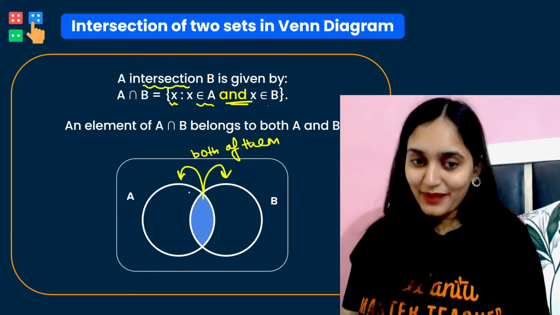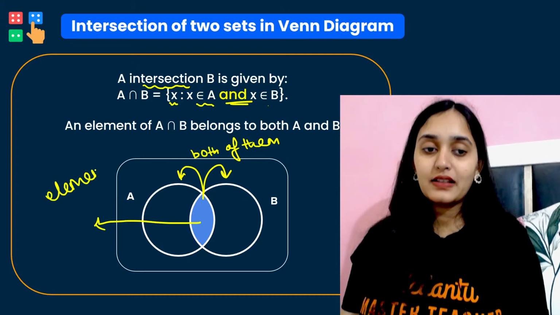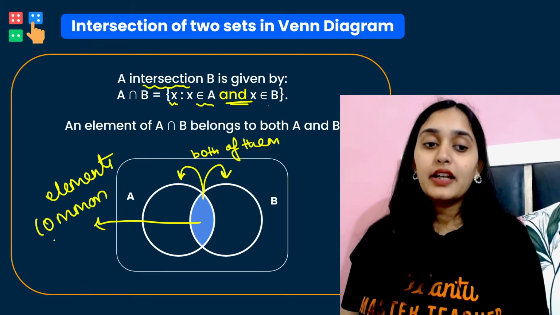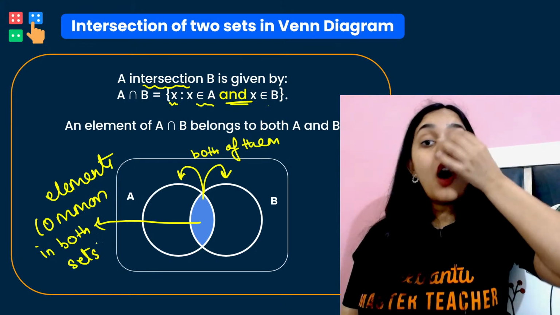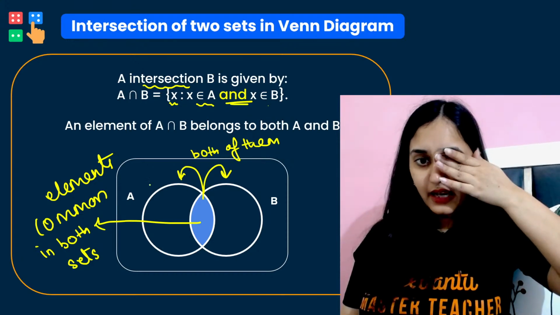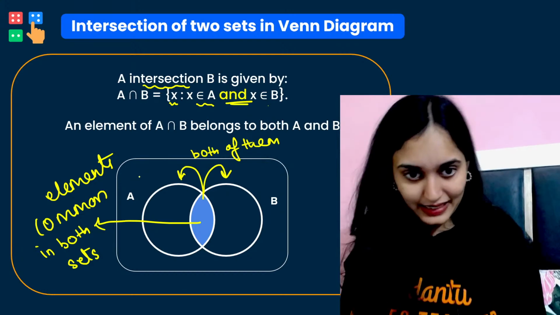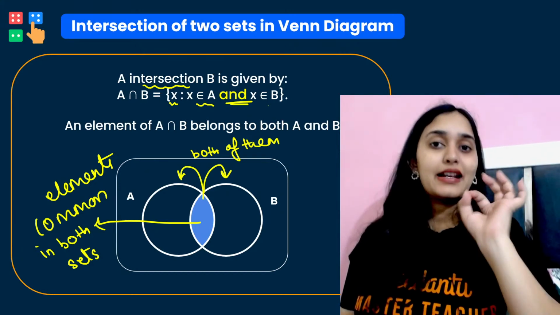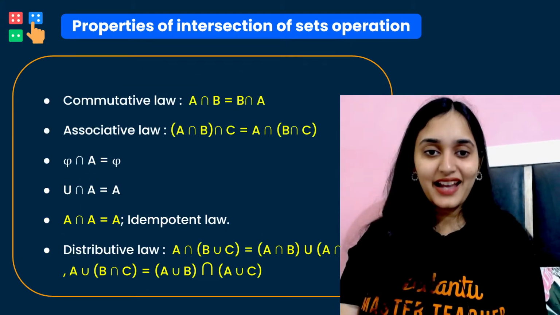Or you can simply say elements common in both sets. Elements common in both sets. So an element which belongs to set A as well as set B will be there in A intersection B. Clear to everybody? Understood, guys?